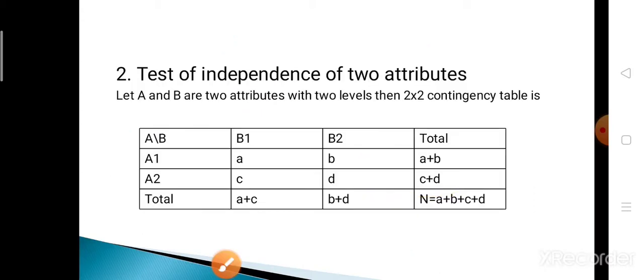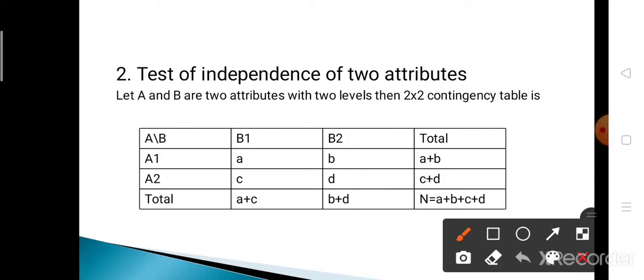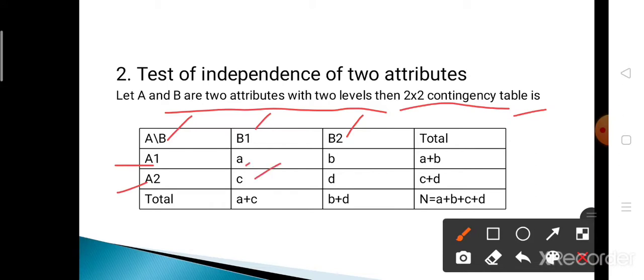Now the second test is the test of independence of two attributes. Let A and B be two attributes with two levels each, then the 2 by 2 contingency table is as follows. For the B attribute the labels are B1 and B2, and for the A attribute the two labels are A1 and A2, and these are the cell values.